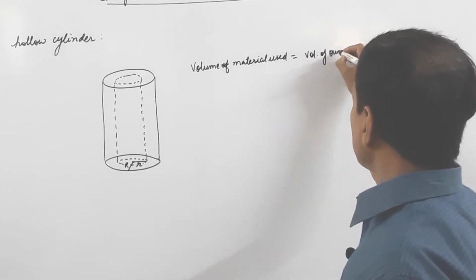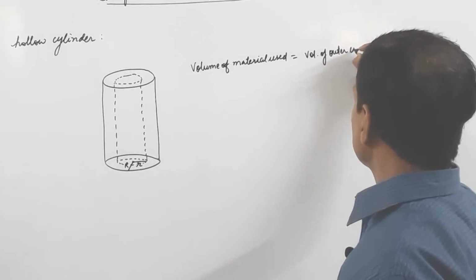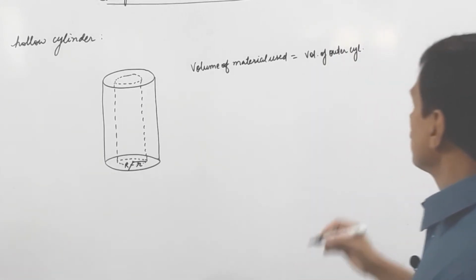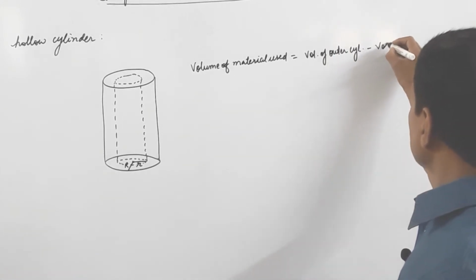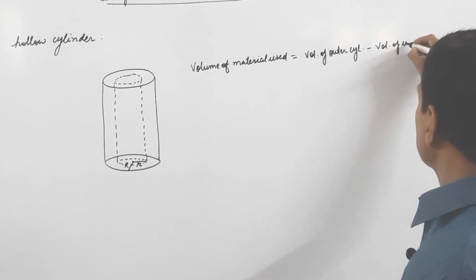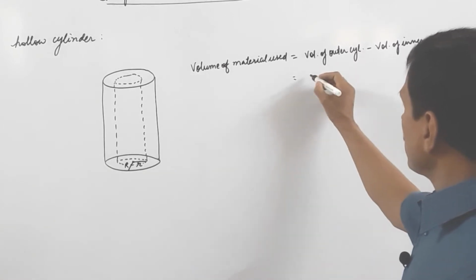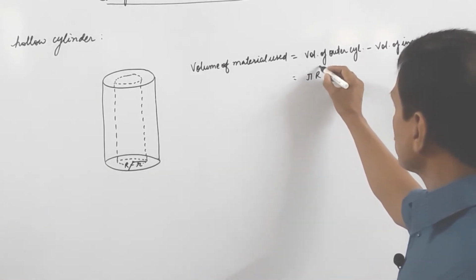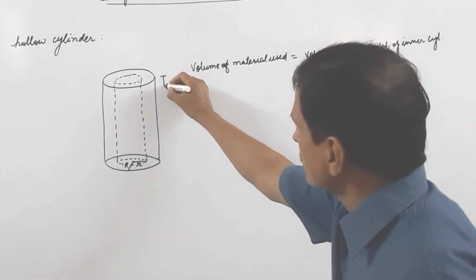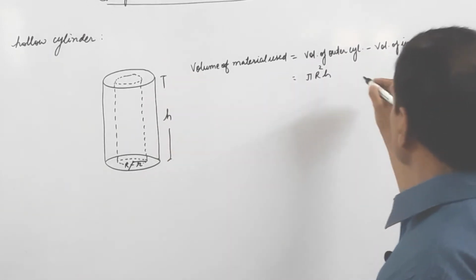That is volume of outer cylinder minus volume of inner cylinder. So volume of outer cylinder is pi R square h. H is same for both.